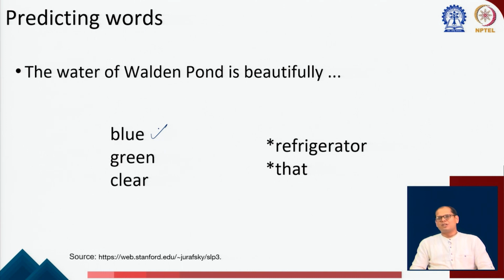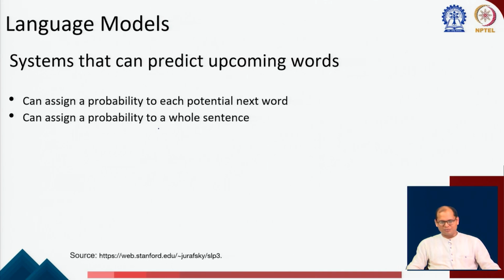But can an automated model also tell which one is the correct word after the sequence of words? This is what we mean by language models, a system that can predict the upcoming word. That means if you have multiple possibilities, it can assign a probability to each potential next word. Suppose you have a finite set of vocabulary, as we discussed, you have a finite set of words that can come next.